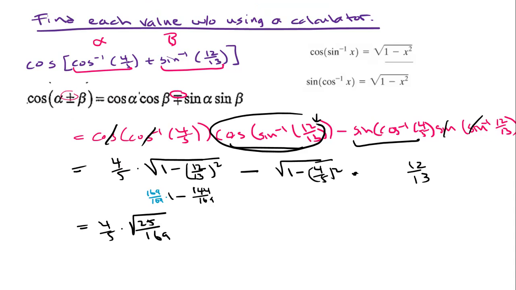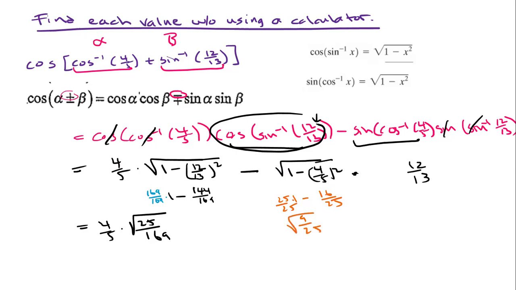For this one, we're going to have 1 minus 16 over 25. Same thing, we multiply by 25 over 25, so 25 minus 16 gives us 9, so that'll be 9 over 25.